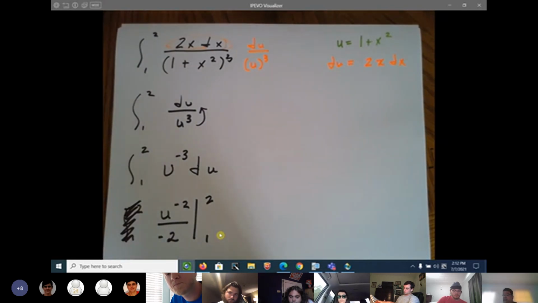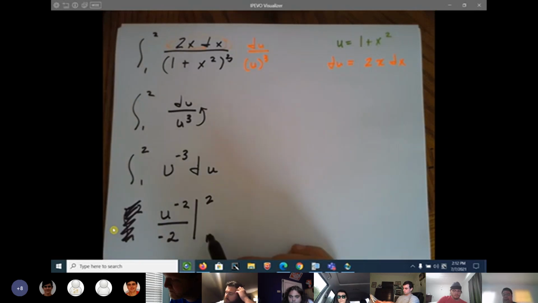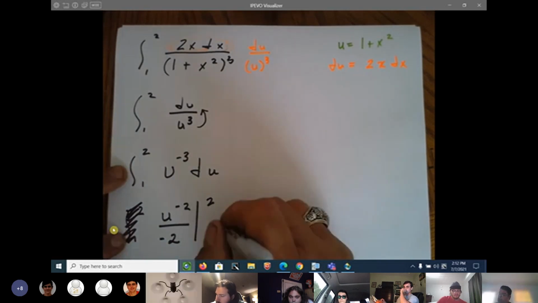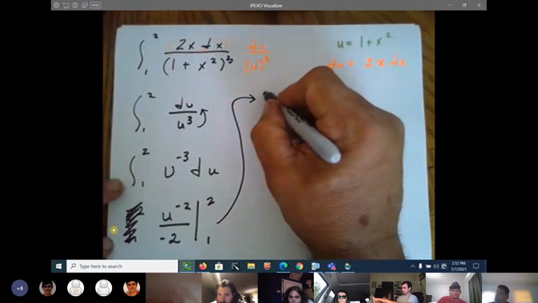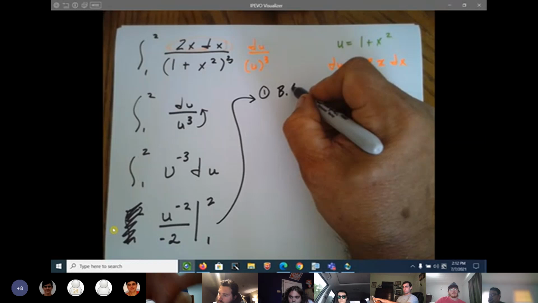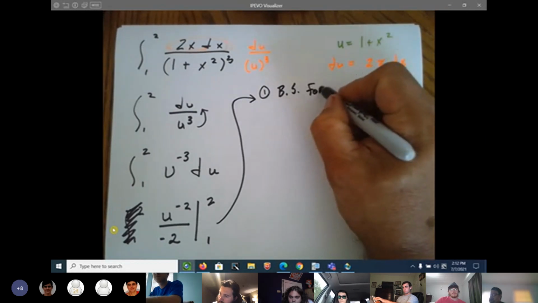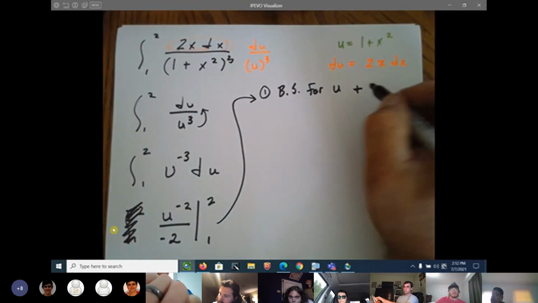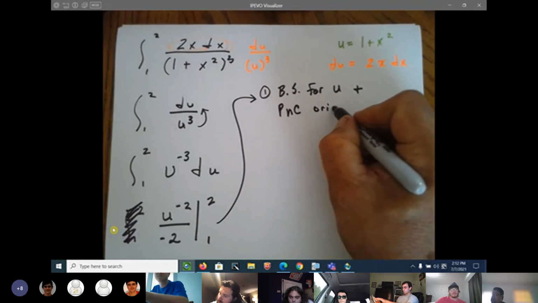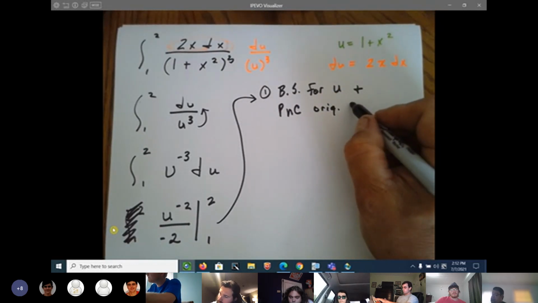Now, at this point, you can ask yourself, which way do you want to go? Do you want to change the parameters to u, or do you want to back substitute and use the original parameters? I don't really care. I'm going to go up here and I'm going to put option 1. Back substitute for u and plug and chug original limits.